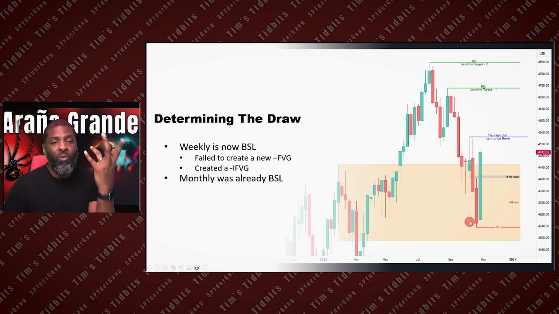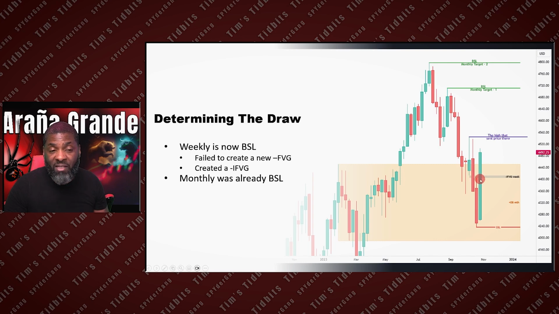So with the help of the fair value gaps, we were able to see as we were coming down, we were creating fair value gaps and created a SIBI, traded back to it, respected the SIBI, created the SIBI, traded back to it, respected the SIBI, got to the sell side, rejected it, and then created an inversion fair value gap.